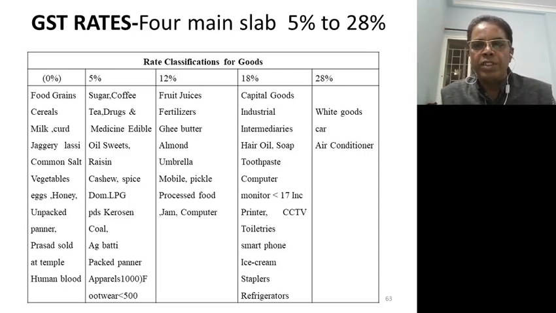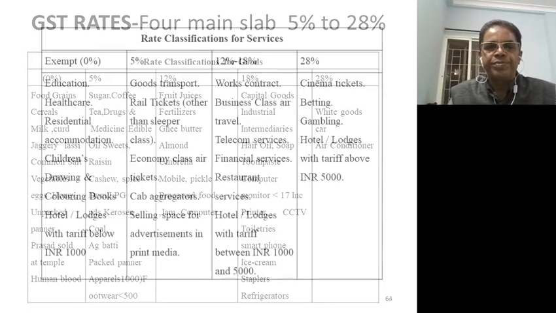Of course, mobiles were increased to 18% recently. Some capital goods, intermediaries, toothpaste, computers are all standardized at 18%, and 28% is only for white goods like cars, AC, etc.